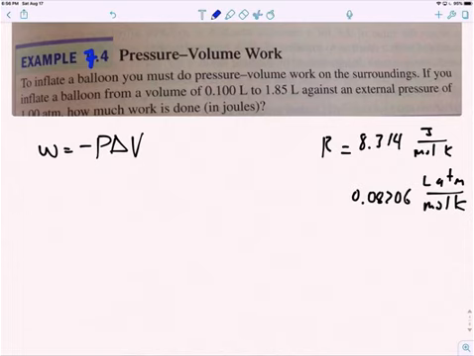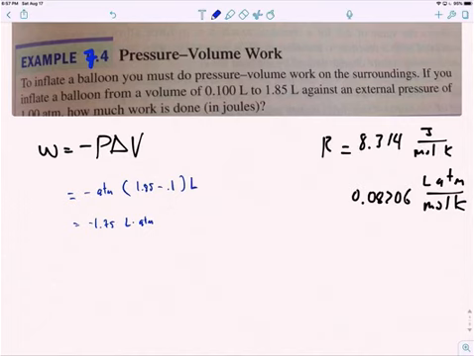So the energy flow should be negative, and work is P delta V. So work is equal to minus 1 atmosphere of pressure times delta V, final 1.85 minus 0.1. So this is equal to negative 1.75 liter atmospheres. And what the heck is a liter atmosphere?